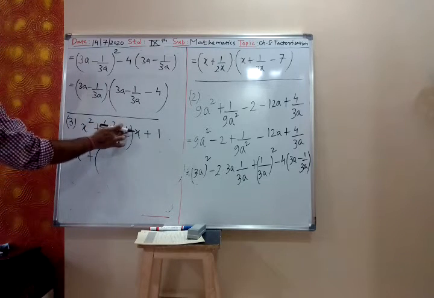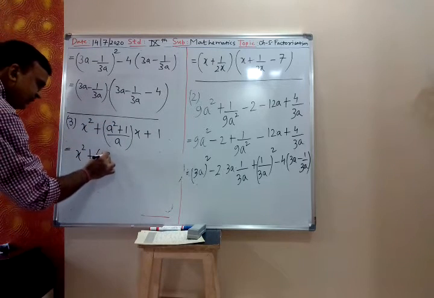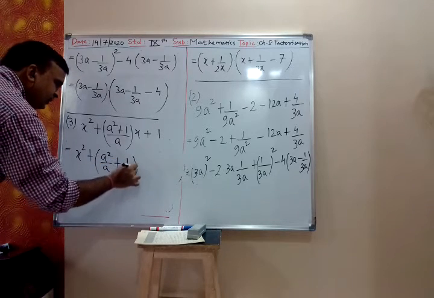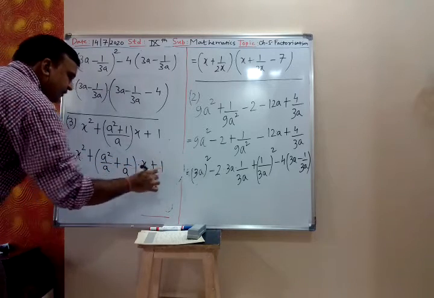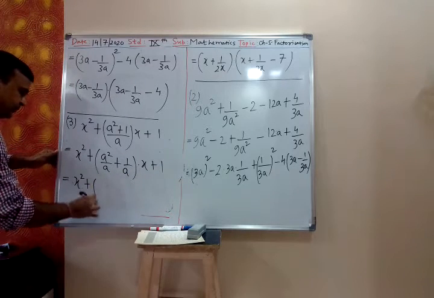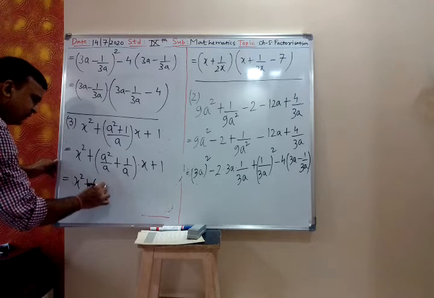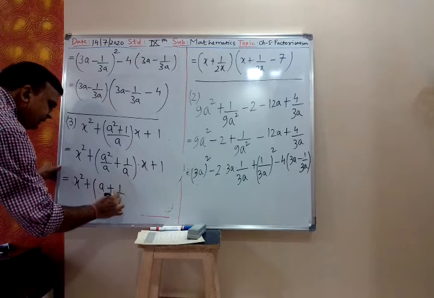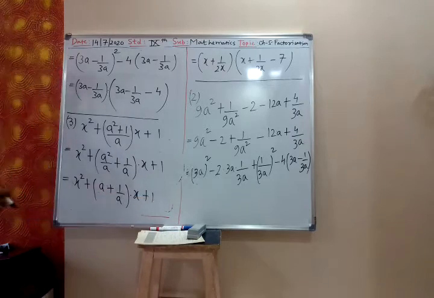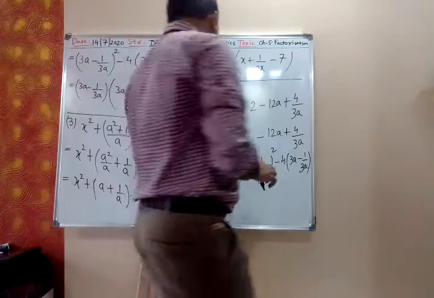So a square plus 1 upon a, I can write as a square by a plus 1 by a, into x plus 1. So x square, now we simplify: a square by a is a, plus 1 upon a, into x plus 1. First we simplify this bracket.